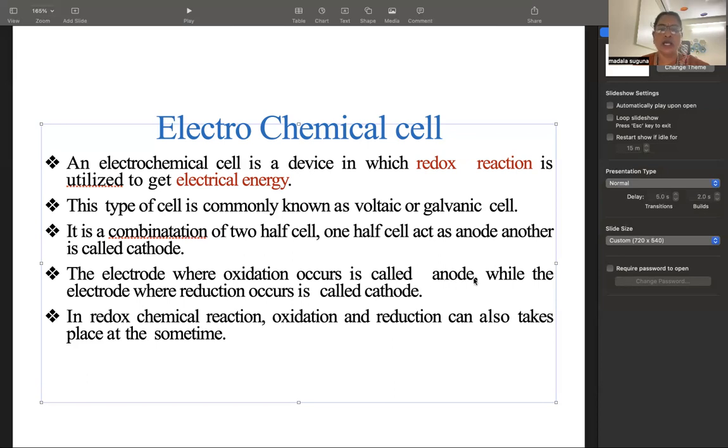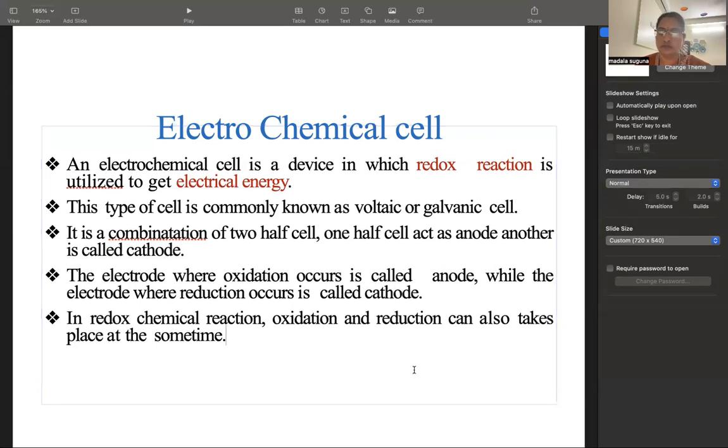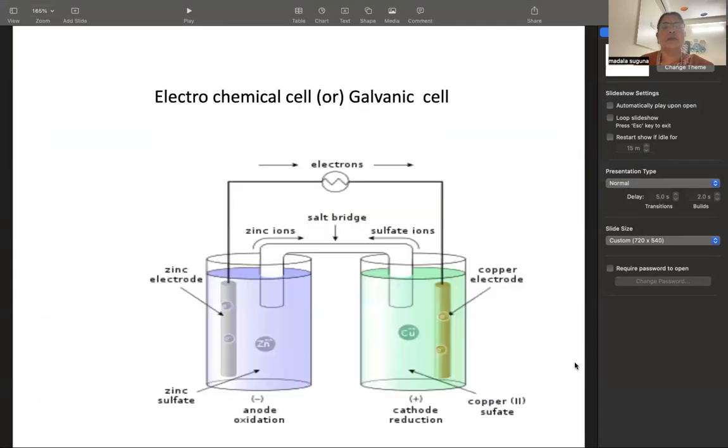Anode and cathode are electrically connected by an external circuit. So this is the construction of an electrochemical cell or a galvanic cell.